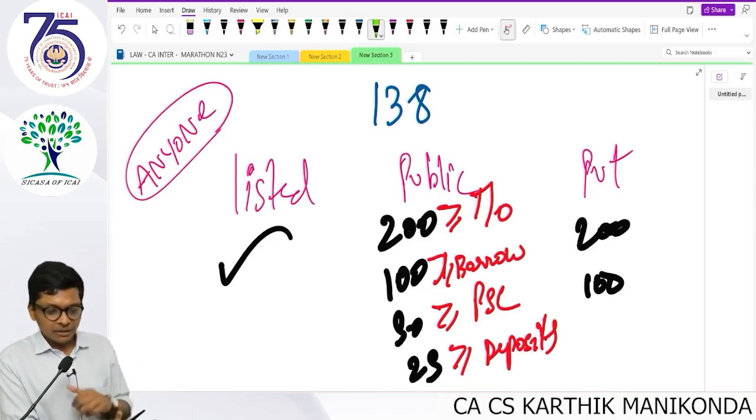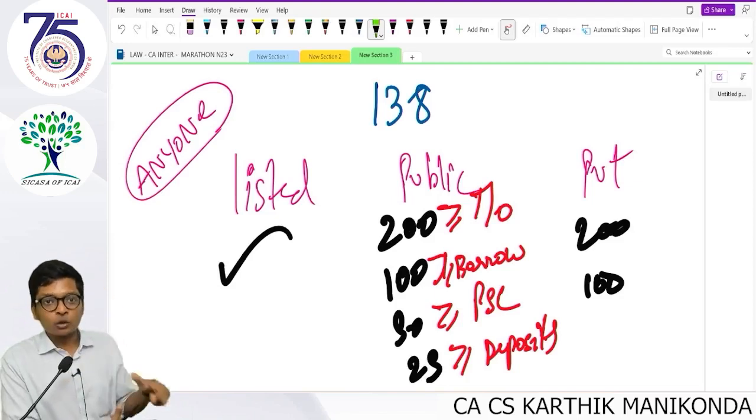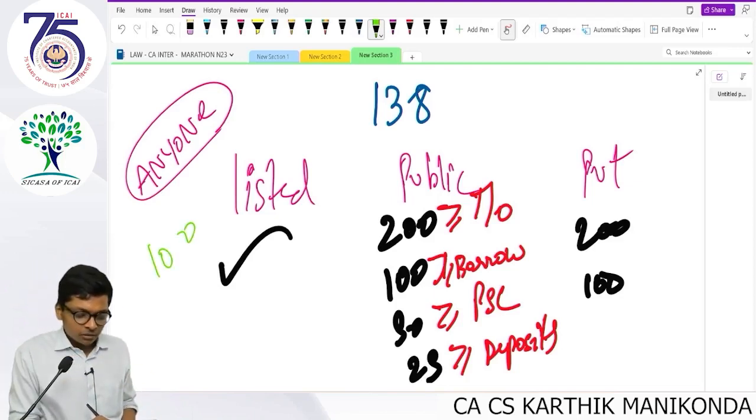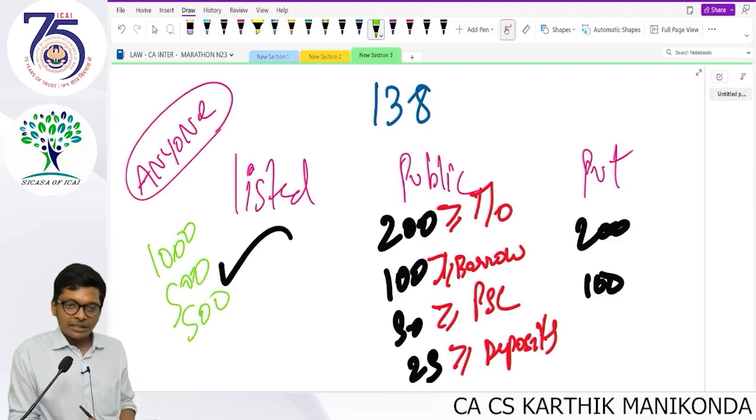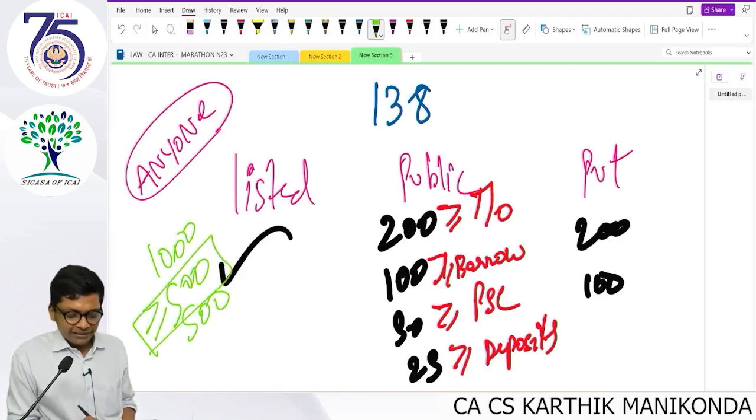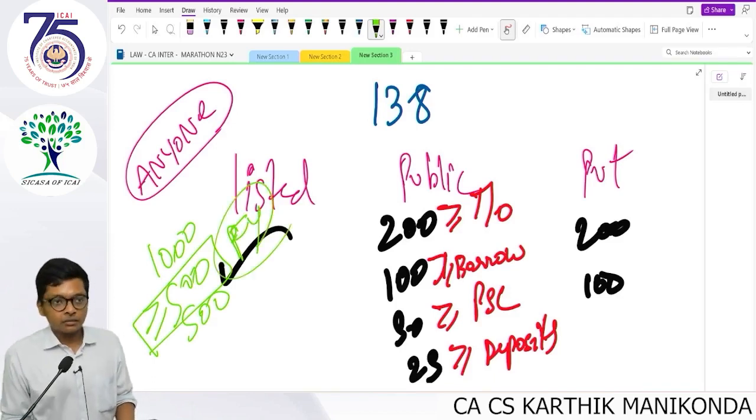the limit in 132, where we saw 1000, 500, 500. Do you remember that? There the borrowings is more than or equal to 500 crores in the previous financial year.